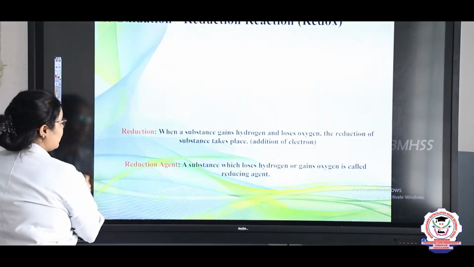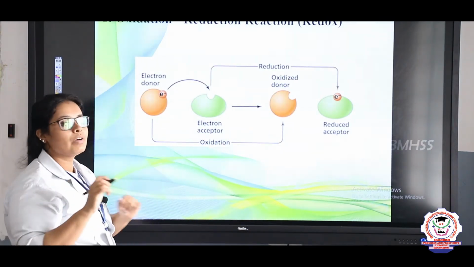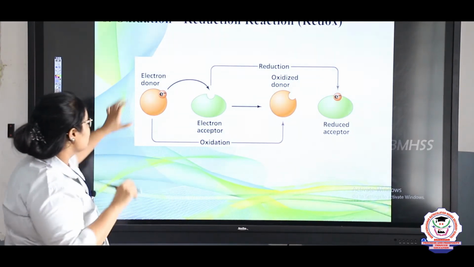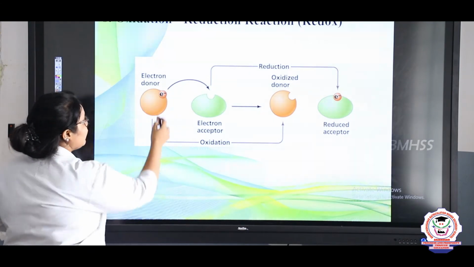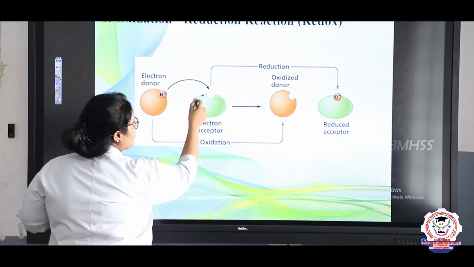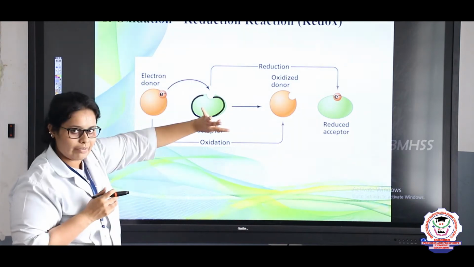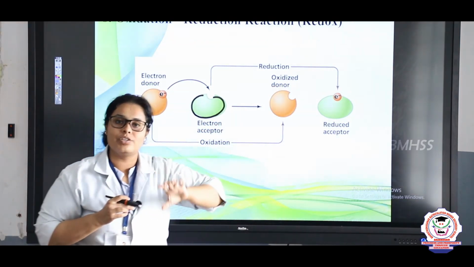Now you can see one more thing in this, that here see in the case of removal of oxygen, or you can call it as electrons. So this is the initial product. Now when an electron is going from this, it will become an electron donor. So this electron is going, right? So this process is known as oxidation.